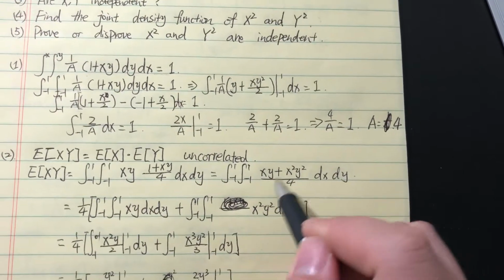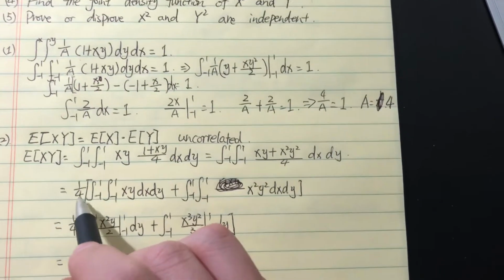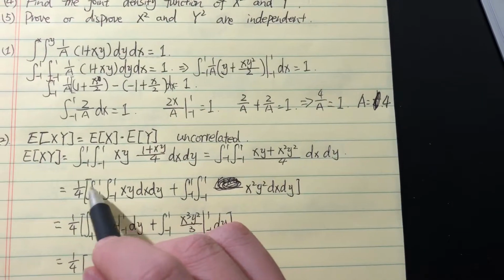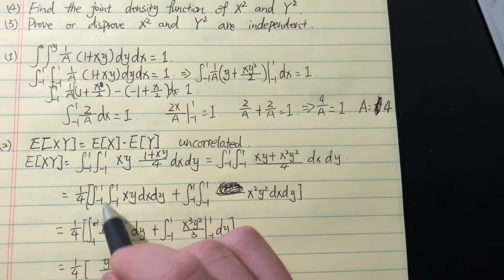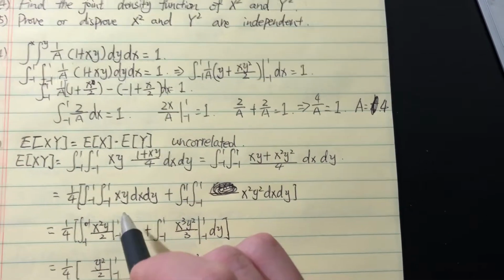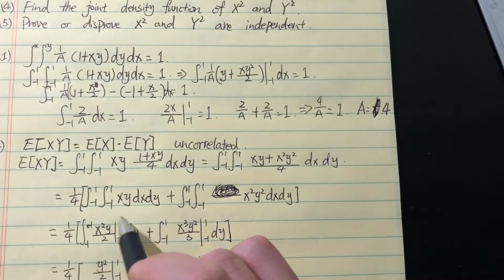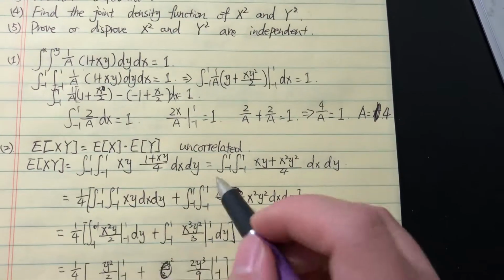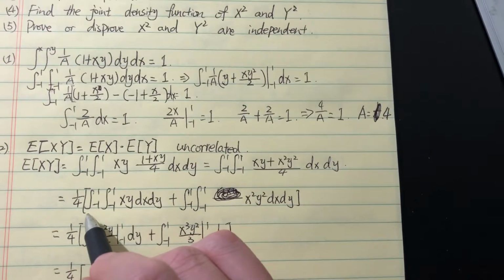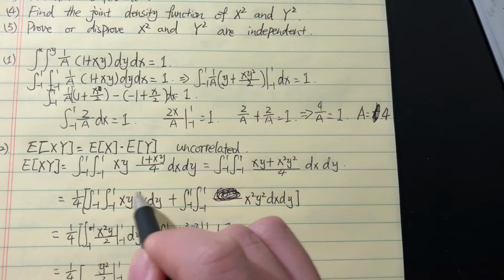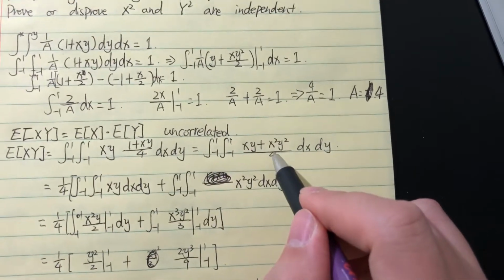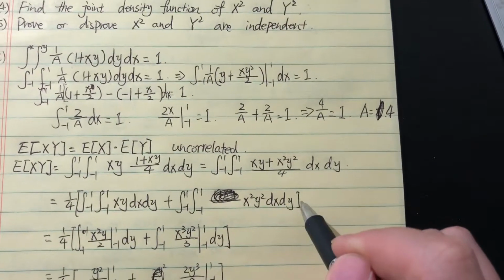We move 1 over 4 outside of the bracket, so it is 1 over 4 integral from -1 to 1, integral from -1 to 1, of xy, and we can break this into two parts. One part is xy dx dy and another part is x squared y squared dx dy.